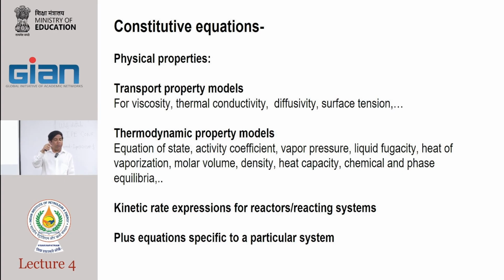But when we describe the mechanism, that how the diffusion takes place, it's a differential equation, right? Similarly, when I'm looking into the thermal conductivity, that model is an algebraic model. But when I'm saying how the thermal conduction takes place, if I say that okay, we are using Fourier heat conduction law, then it becomes a differential equation, right? So it can be both ways.